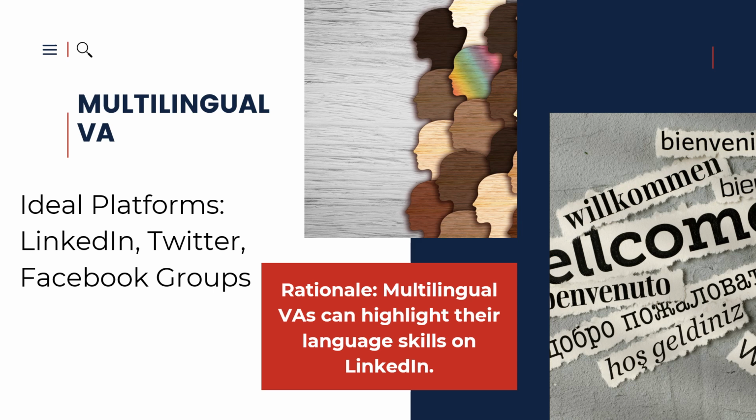You can find that on Facebook groups, and of course on Twitter, if you can post in Japanese and English. Again, we're focusing on Japanese only as an example. You can have new audiences in this category as well.